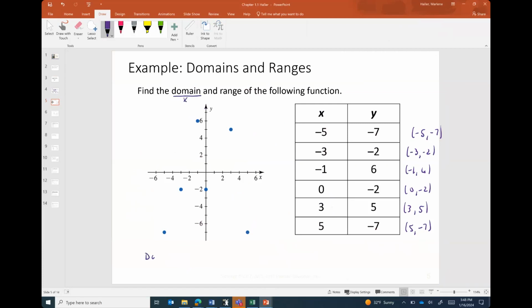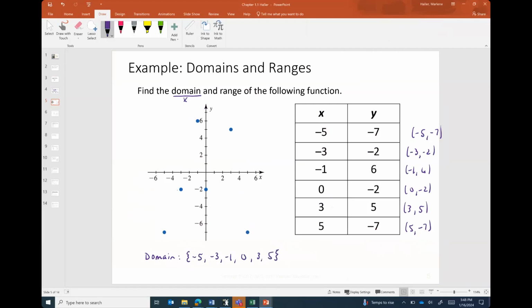For this function here, the domain is just going to be the set of all those x's that we see, the x coordinates. All of these blue points here have the coordinates listed over here to the right. The x coordinates of all those points are -5, -3, -1, 0, 3, and 5.